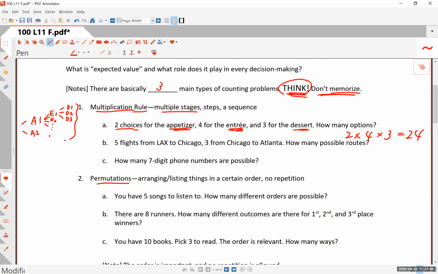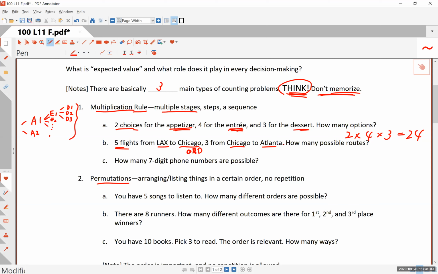Another example. Let's say you have 5 flights from LAX to Chicago. Chicago's airport is called ORD, even though it's O'Hare. It used to be called Orchard Field, and that's where the ORD comes from. You have LAX to ORD, you have 5 flights. And then from Chicago to Atlanta, you have 3 flights.